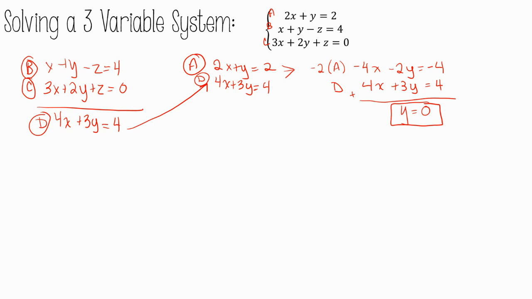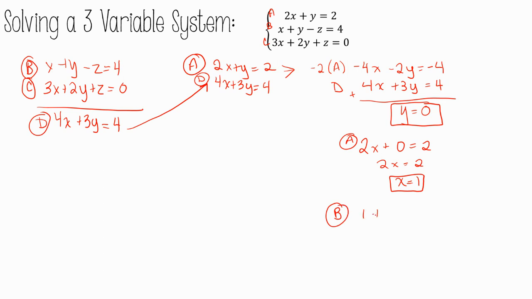You can plug back into the original here. So I get 2x plus 0 equals 2. 2x equals 2. I plugged into A if you didn't notice. And x equals 1. Work our way back. And I'll take B since that looks like the easiest one.